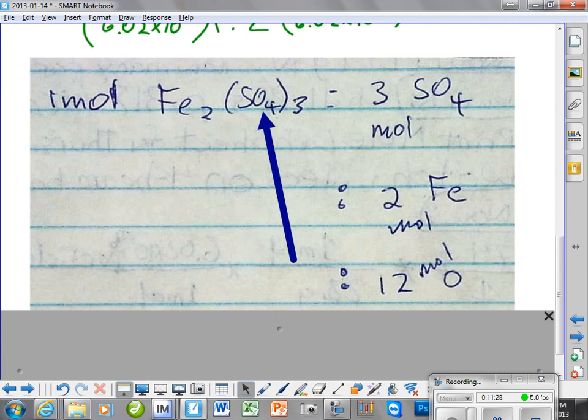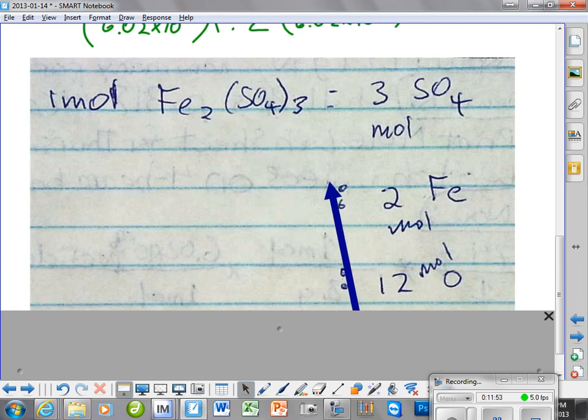And now why is this 12? It says SO4. Why is it 12? Yeah, this guy is distributive. It gets multiplied by this, and it gets multiplied by the 1 that we don't see for the sulfur. So how many sulfurs do we have? 3. And how many oxygens? 12.